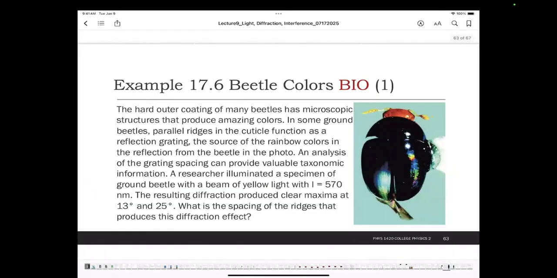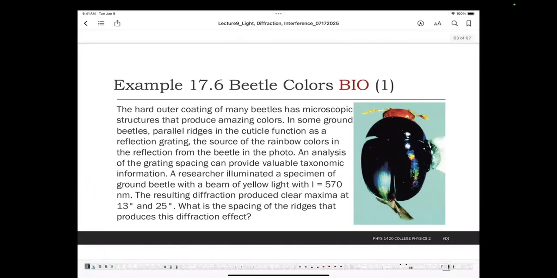Okay, let's talk about one example, beetle colors. This is a biology example. The hard outer coating of many beetles has microscopic structures that produce amazing colors. In some ground beetles, parallel ridges in the cuticle function as a reflection grating.